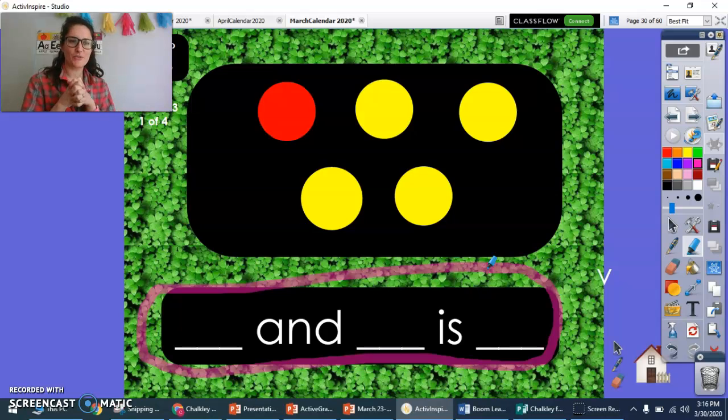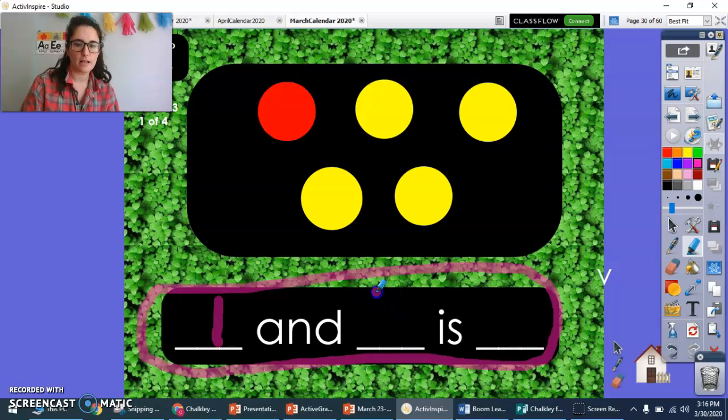All right, boys and girls, we're going to get ready to fill out our number sentence. And our number sentence starts with the red. So how many red dots do you see? 1. Good. So I'm going to go ahead and put a 1 right there. Oh, Moni's under my desk. She's making noises. And then I need to figure out, so 1 and what? So now I need to figure out how many yellow dots I see.